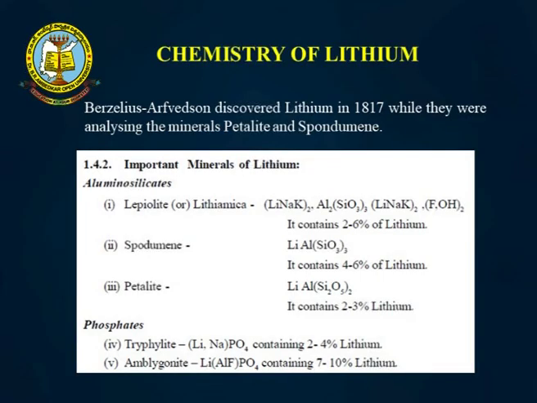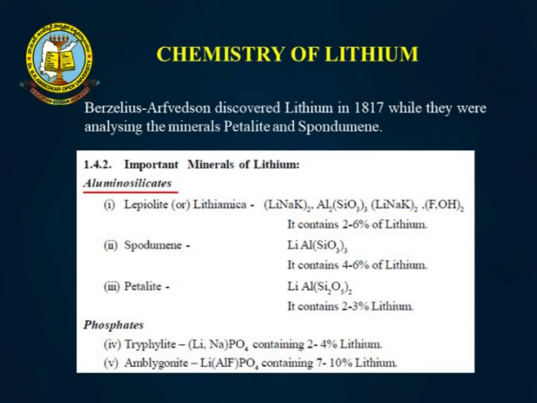You can see the important minerals of lithium; various minerals are available. The first one is aluminosilicates, from which you can extract lithium. In this category we have three minerals.